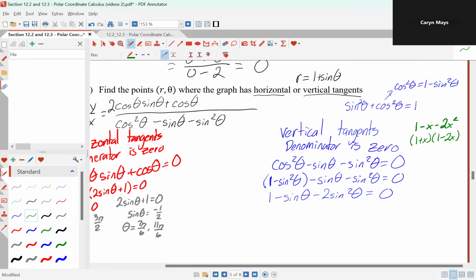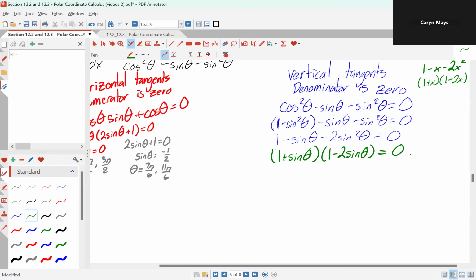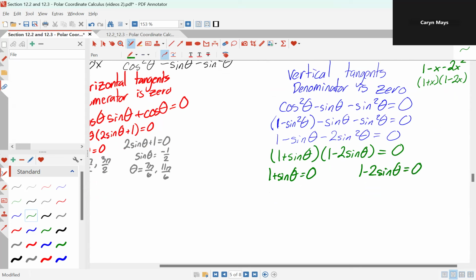The x's are really sine thetas, so we factor into 1 plus sine theta, 1 minus 2 sine theta, giving us, once again, two expressions to solve. 1 plus sine theta equals 0, and 1 minus 2 sine theta equals 0.